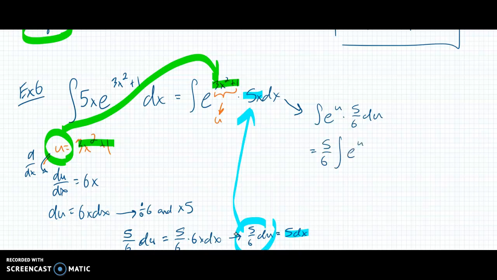Integral e to the u du. And you say to yourself, what derives to e to the u? Well, it's e to the u. So when I integrate this, I just get 5 over 6 e to the u plus c. And then my last step is to plug in what u was, which is this thing. So I get 5 over 6 e to the 3x squared plus 1 plus a constant.